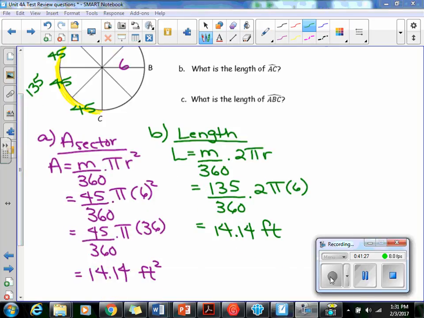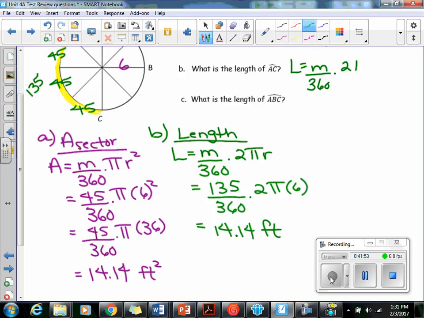All right, for part C, it asks, what is the length of arc ABC? Since we're finding length again, same formula as we did in B. So for part C, L equals m over 360 times 2 pi r.